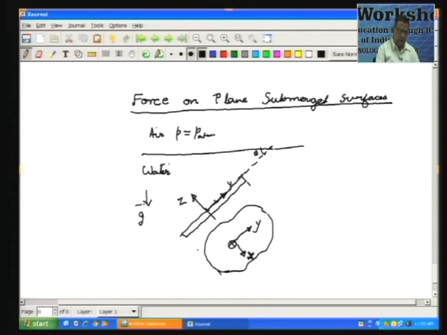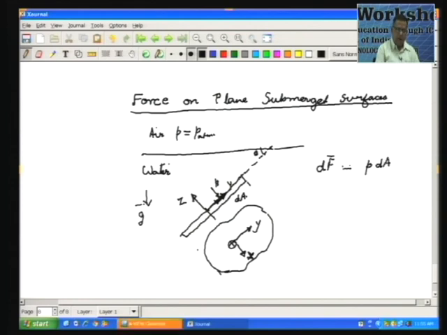So, we will take an area element here which is say dA, and we know the pressure here is P. So, if you look at dF, the force exerted by the water on this small area element, we know the magnitude is P into dA.